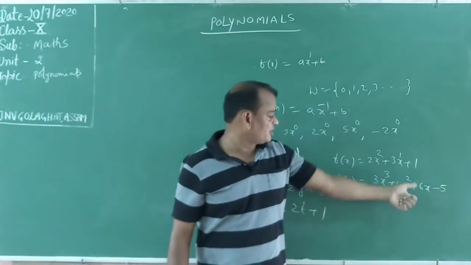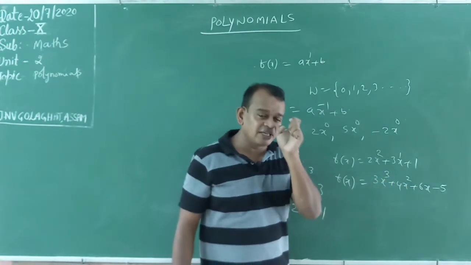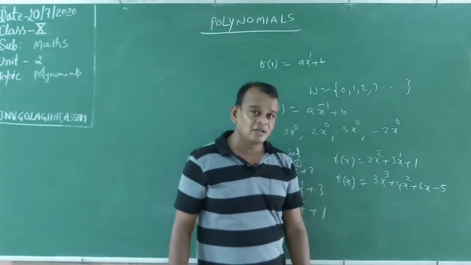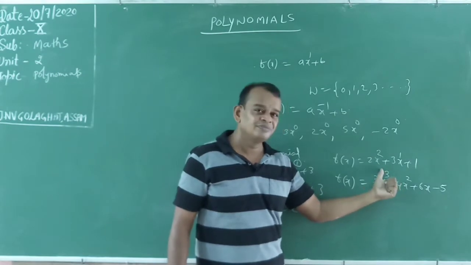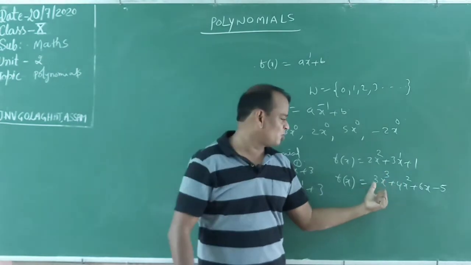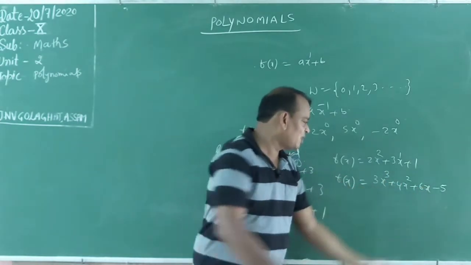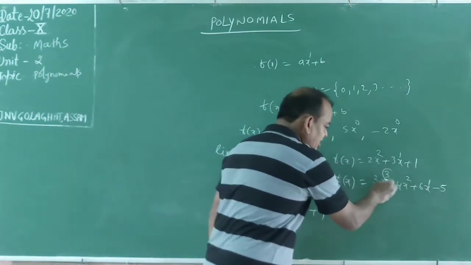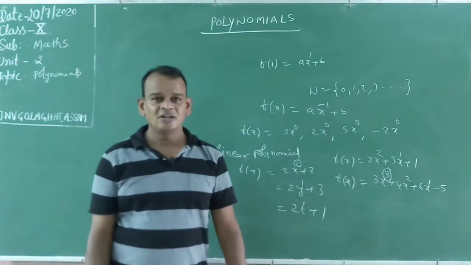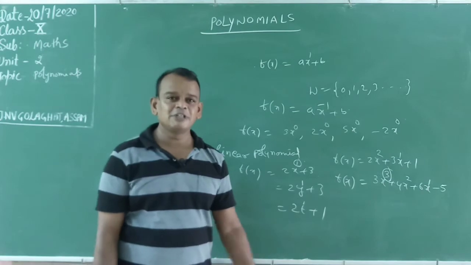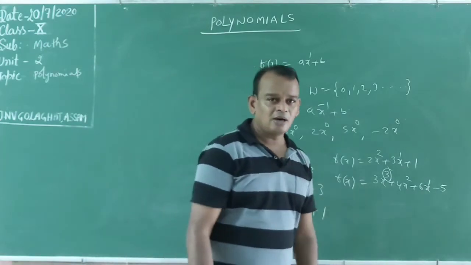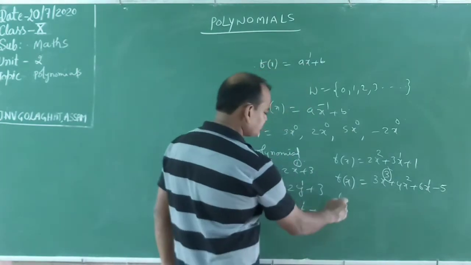What is the highest degree? It means the variable's power, which is 3. We do not look at the coefficients, only the powers: 1, 2, 3. The highest is 3. This is a cubic polynomial.